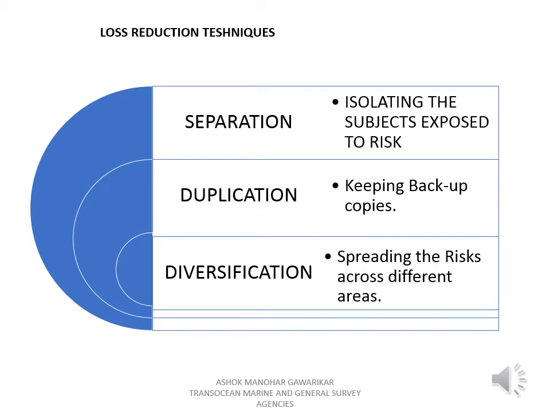From there the concept of per bottom limit has come. From there the concept of per location limit has come. So the insurance company will impose that you should not have more than, say, 5 crores or 10 crores of cargo at one location, whatever it is, depending upon that particular organization. So I am trying to separate. I am trying to make sure the risk is not concentrated at one particular place.